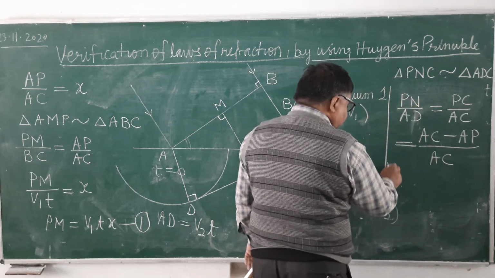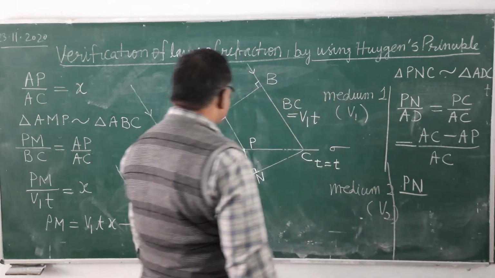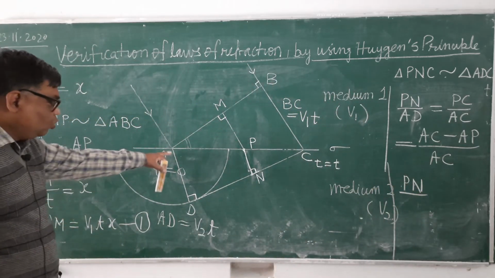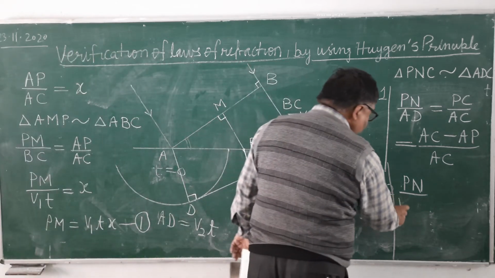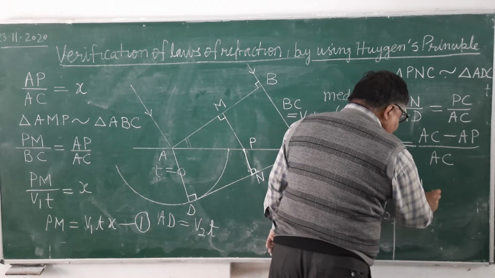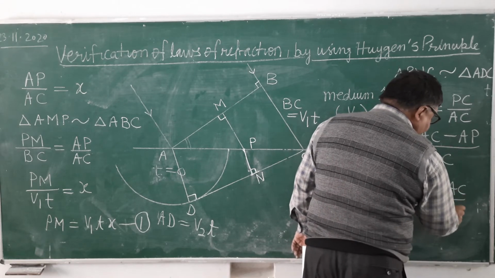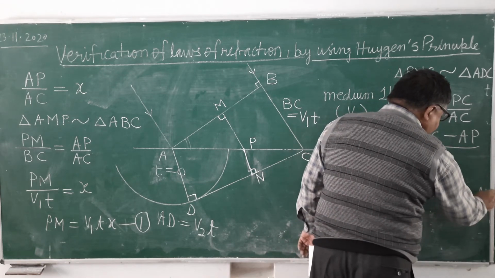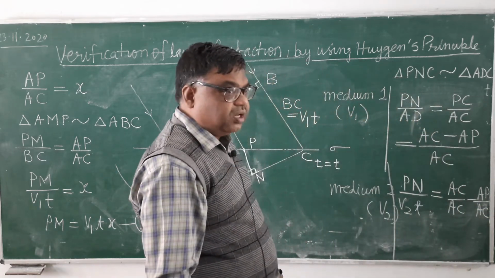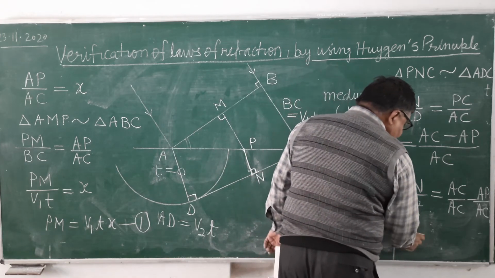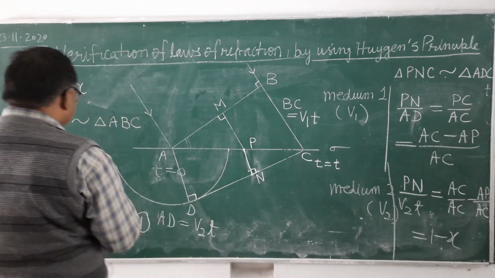Now when you further simplify it, PN upon AD, where AD equals V2 into T, which we have already calculated, equals, here you separate the terms, AC upon AC minus AP upon AC. What is AC upon AC? 1 minus X.